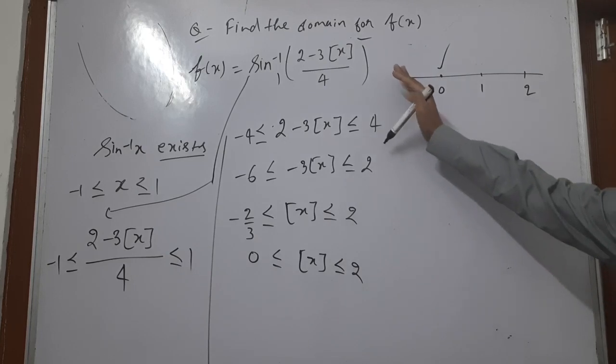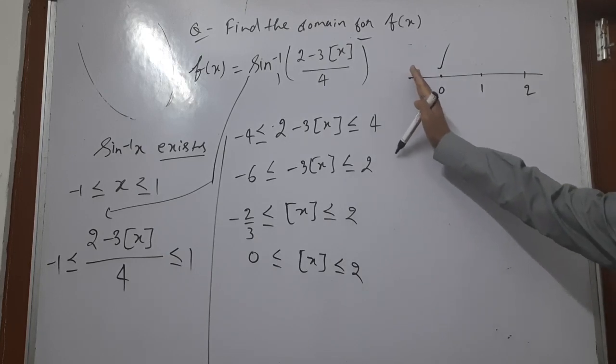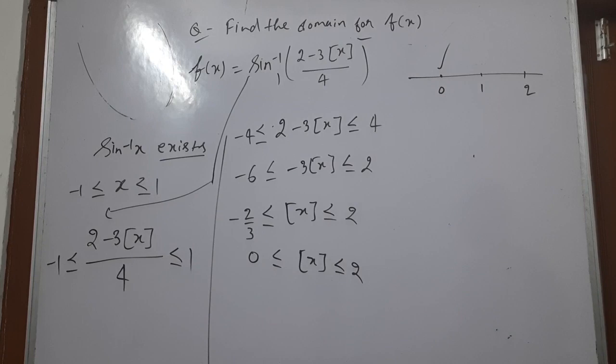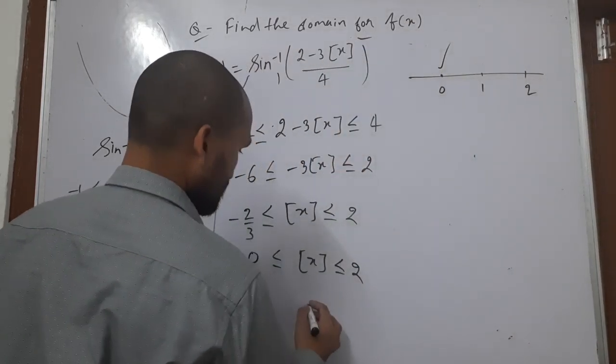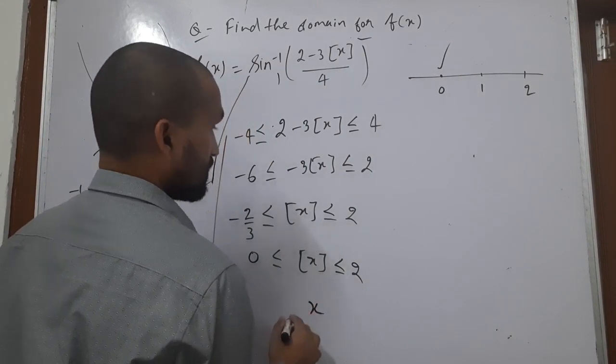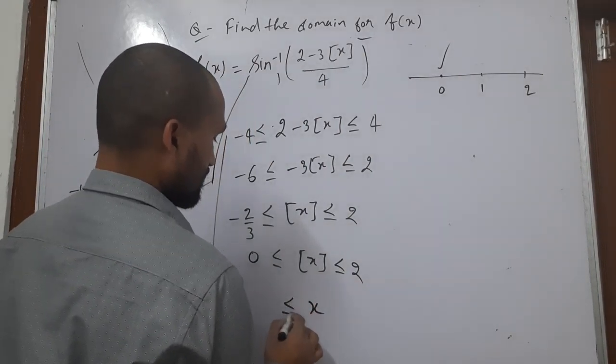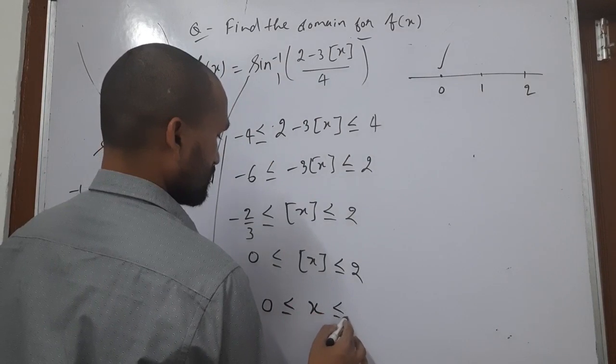So if we take any value before 1, its greatest integer will be 0, and when we take any value before 3, it will give the greatest integer value 2. So what we can say is that x is greater than or equal to 0 and less than 3.